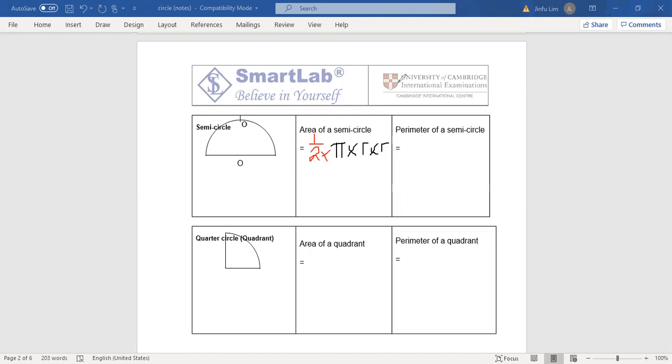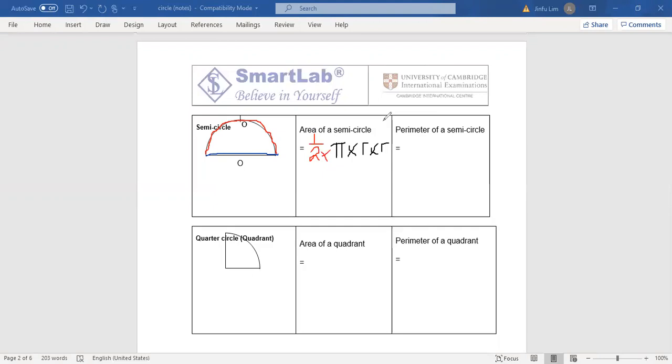For the perimeter of a semicircle, it will consist of this arc length here, which is highlighted in red, and this blue straight line. So we'll calculate the arc length first.